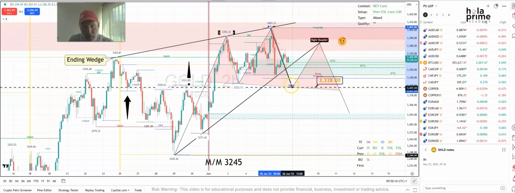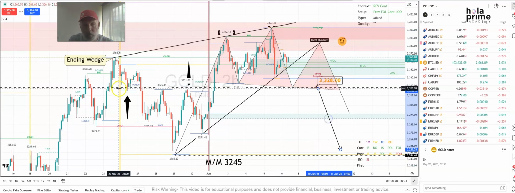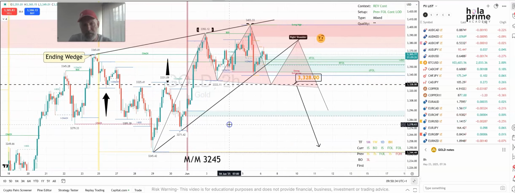So it'd give us the measured move target for the wedge breakout, the head and shoulders breakout, and of course that's not confirmed yet, but it'll be down around here, 3,252, and it would also give me a wedge target of 3,245.